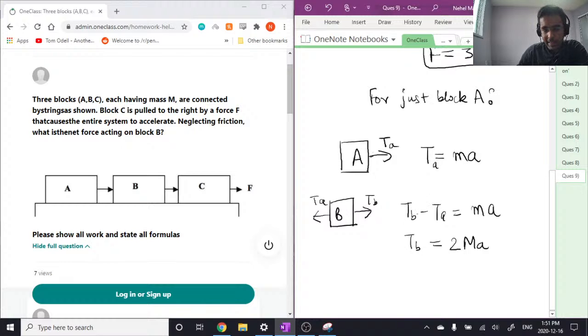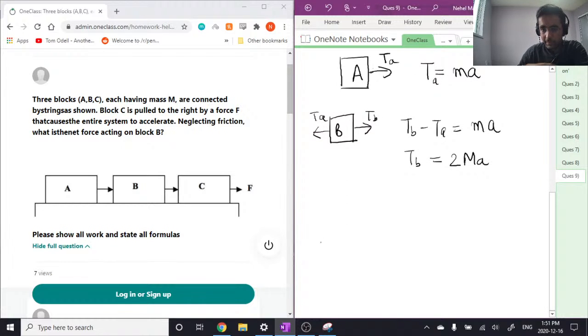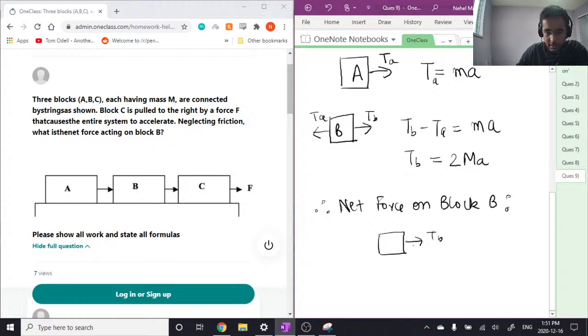Now that we know what TB is, the net force on block B would be, again, let me just draw this, TB, which is the tension, and TA. So net force is TB minus TA.